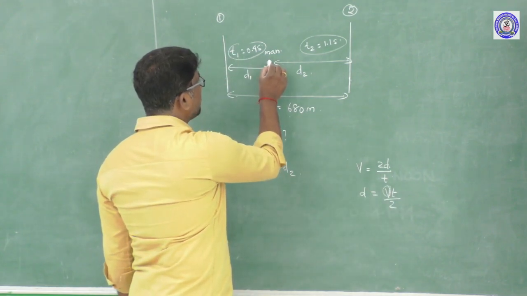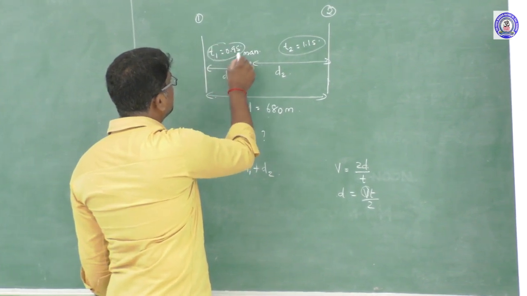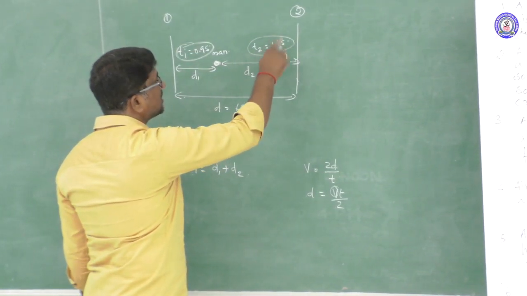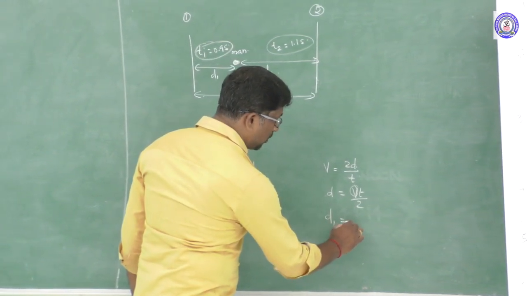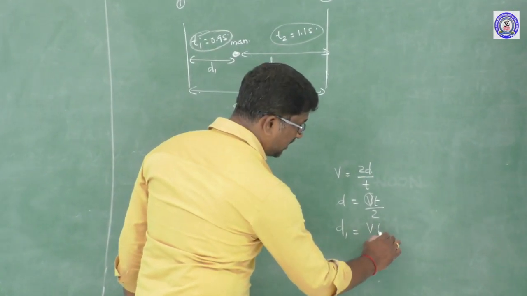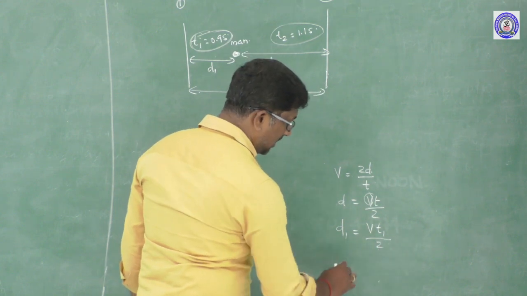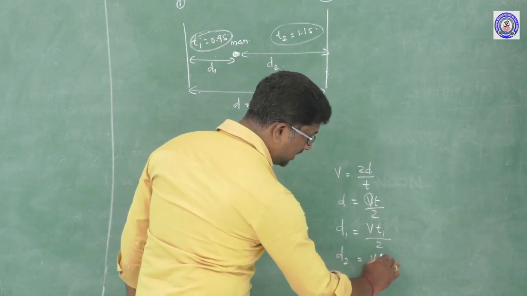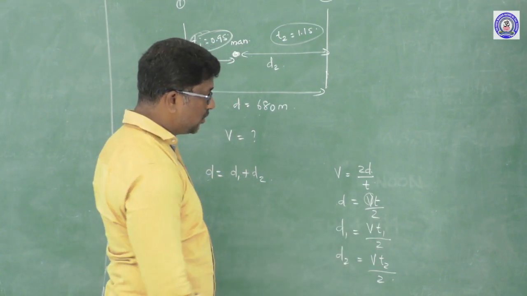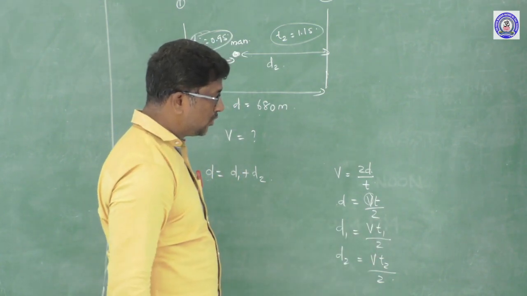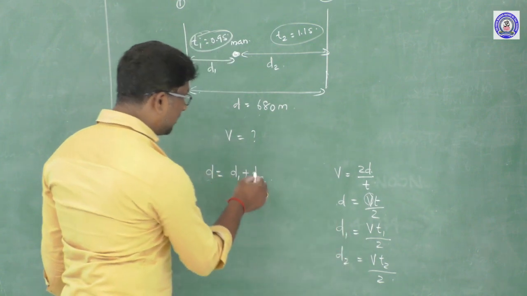But the echo time in this direction is T1 and in this direction is T2. So therefore, D1 is V into T1 divided by 2 and D2 is equal to V into T2 divided by 2. Substitute the D1, D2 values here.